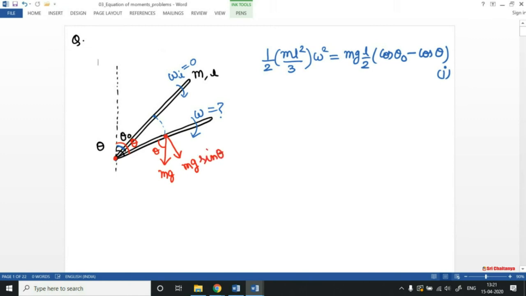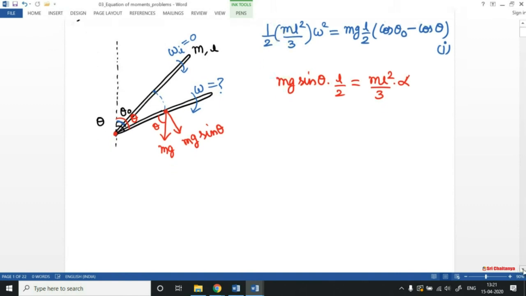So the torque will be mg sine theta into L by 2 is equal to I alpha, that is ml square by 3 times alpha.